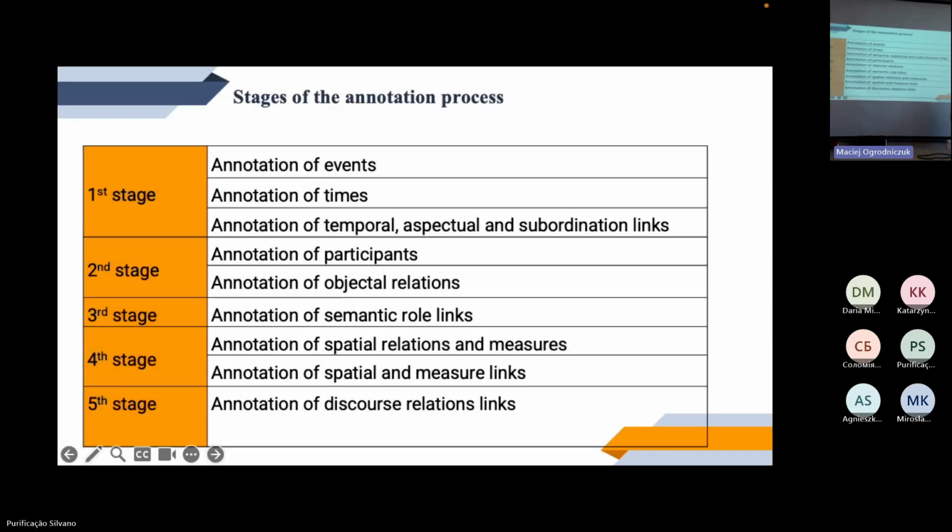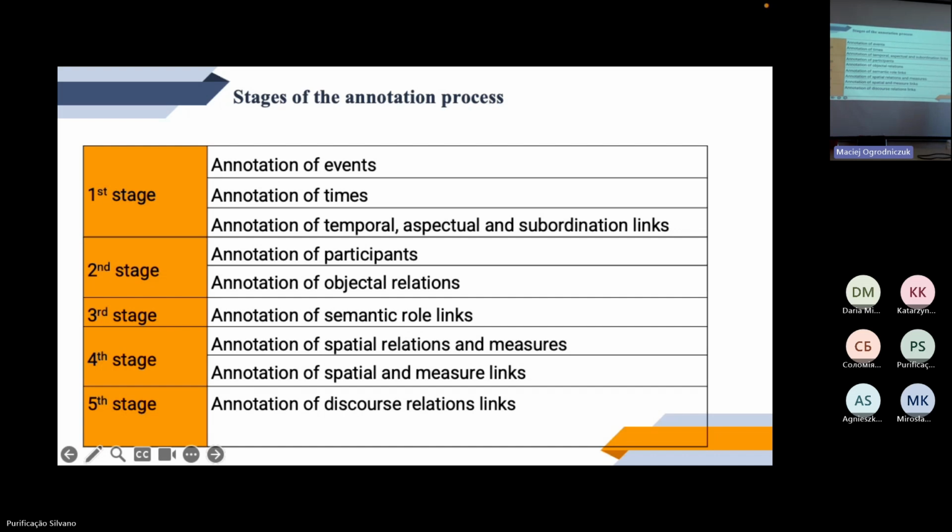And we establish different stages for our annotators. We have done some experiments to see what works best. For instance, if it works best annotating all the layers at the same time, or if it would be better to do it by stages. And so we established that it's better to annotate first events, then the time expressions, and then the temporal links, subordination and aspectual links.